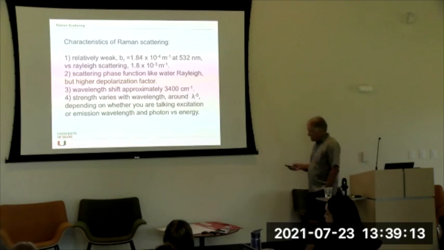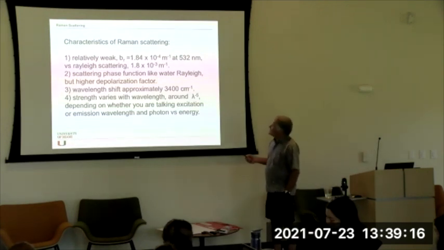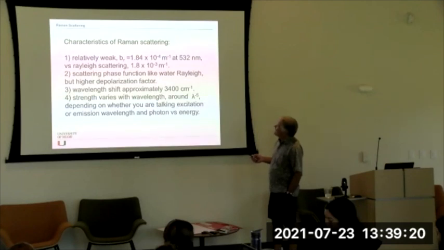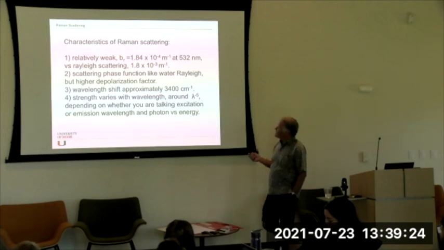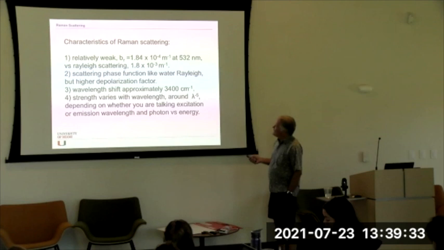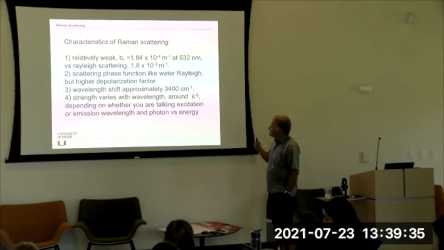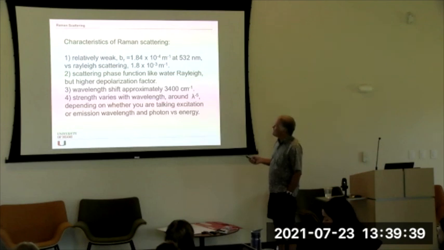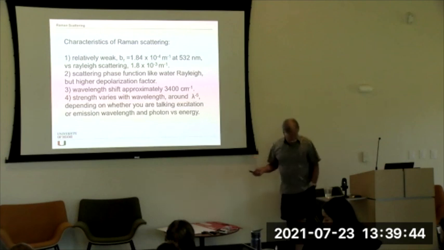So the characteristics of Raman scattering: it's relatively weak. If you look at Rayleigh scattering at 532 nanometers, it's about 2 times 10 to the minus 3 per meter. Raman scattering is about an order of magnitude less. Another characteristic is that it has polarization properties, but it depolarizes more than Rayleigh scattering does.